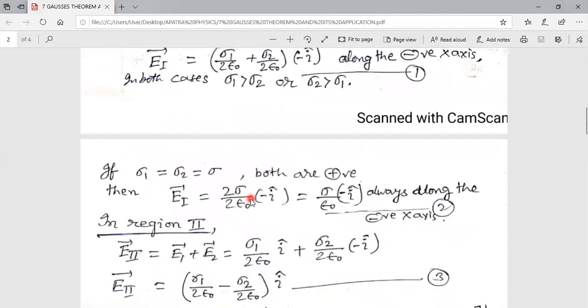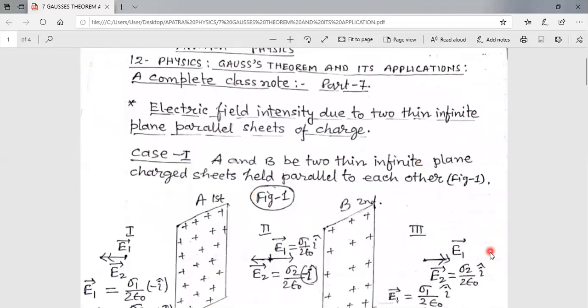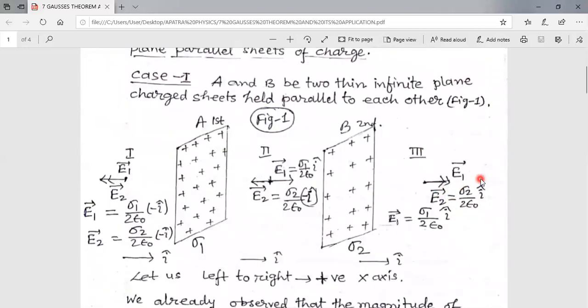And in the third region, similarly, the electric field due to the first and second, both are along the same direction, that is along the positive x-axis. In this figure, we are taking left to right as the positive x-axis. Then the total electric field will be the vector sum.